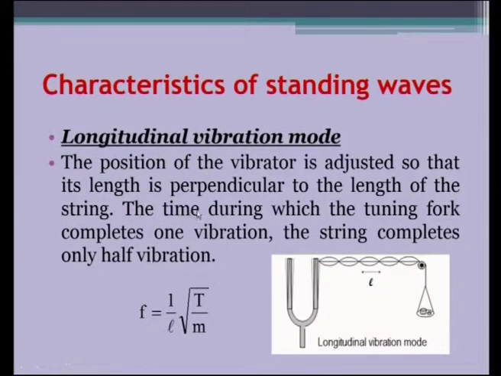In the longitudinal mode, in the time during which the tuning fork completes one vibration, the string completes only half of the vibration. So, the formula is to be modified, the 2 is dropped in the formula. By these two methods, the frequency of the vibrating string can be identified. Hope you have understood the concepts related to the tuning fork, musical notes and all.